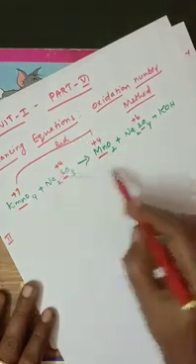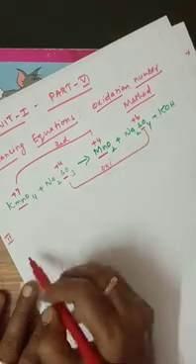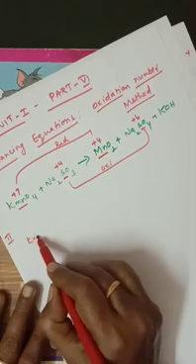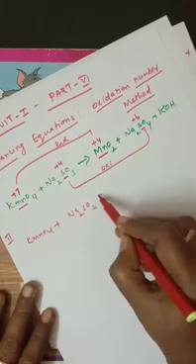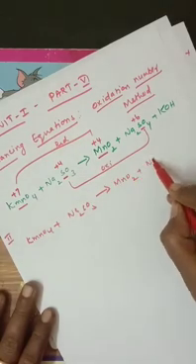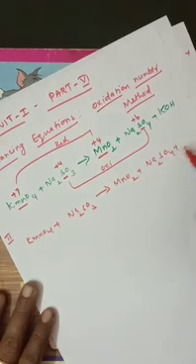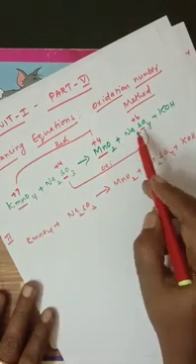And plus 4 becomes plus 6, here oxidation takes place. So we shall write once again KMnO4 plus Na2SO3 gives MnO2 plus Na2SO4 plus KOH, right?